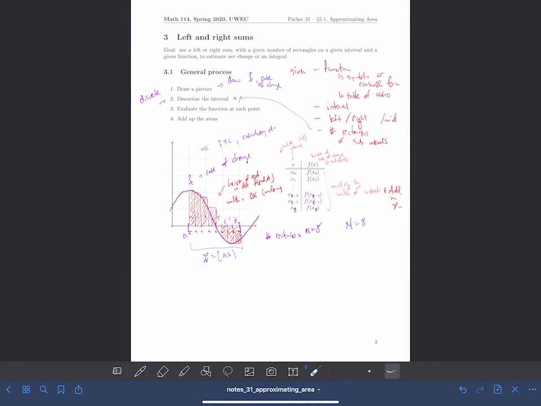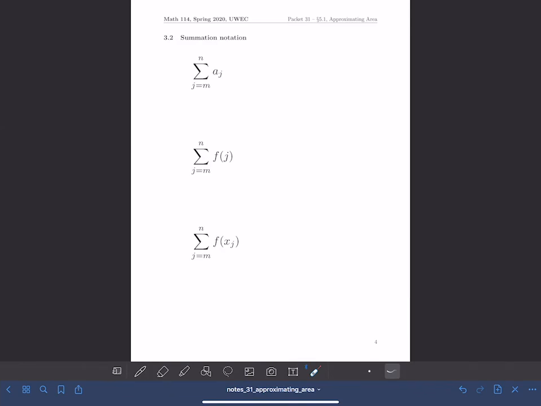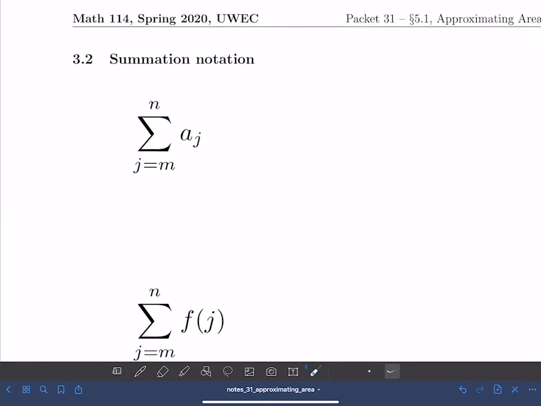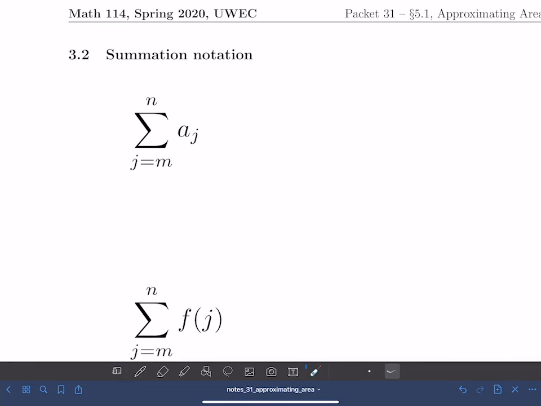Okay, so that's a general process. I do need to tell you that I'm going to write down some formulas for what the right and left sums are, and in order to do those, we have to talk about what's called summation notation. If you are going further in mathematics, particularly Calc 2, you have to know this stuff.